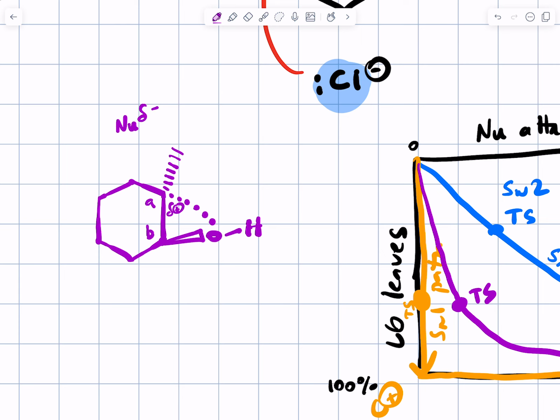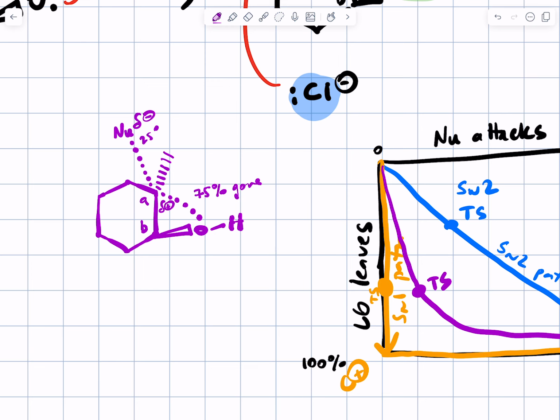And there's going to be a partial negative charge on the nucleophile, not a full negative charge, because the bond formation has already begun. If you follow along our diagram, this bond here is around 75% gone, whereas this bond here is only maybe 25% made. That gives you a sense for what's going on in this transition state.